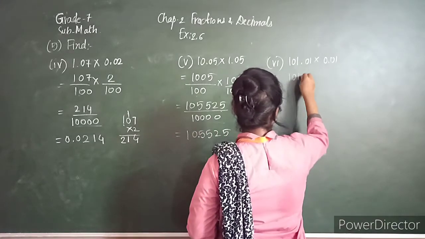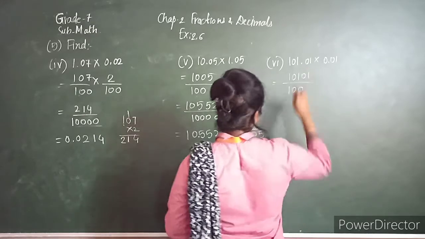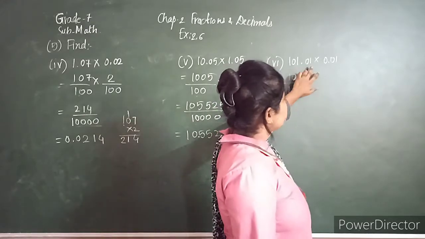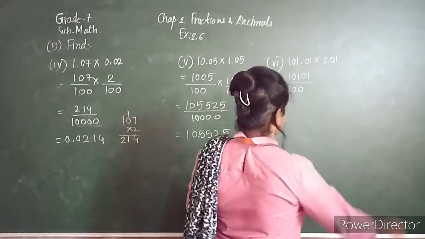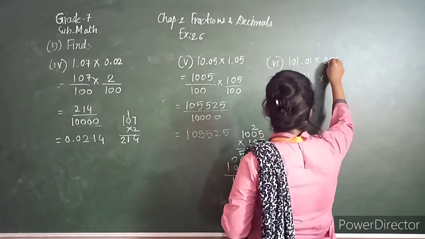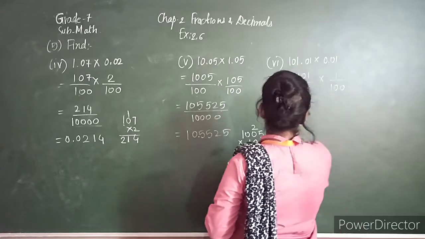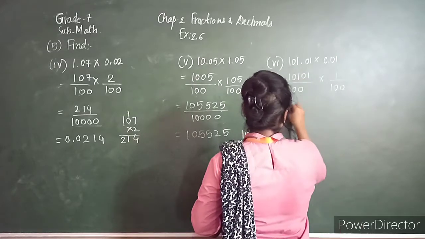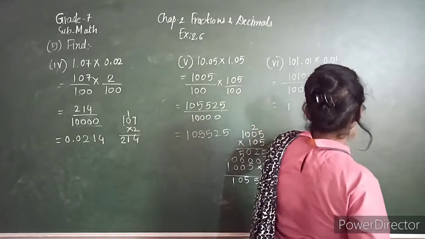So here if we remove this point, we have to put 100 in the denominator, because two numbers are there after the point. Now here 1 upon, because point is there before two numbers, so we have to write over 100. So 10101 into 1.